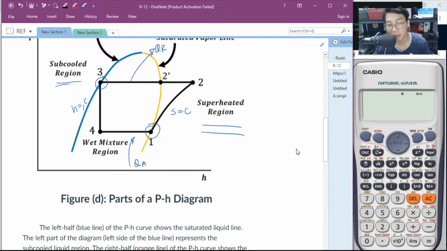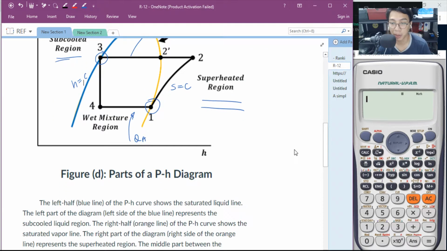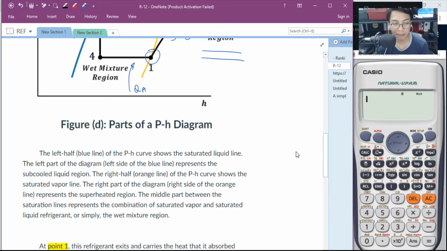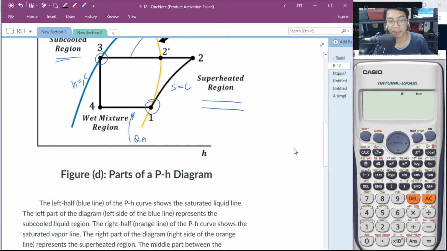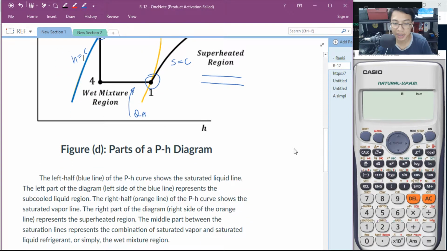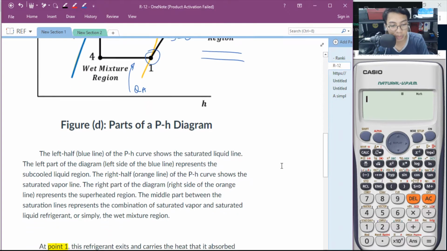Very basic lang yung kanyang pagpapaliwanag. Now, in depth. The left half blue line of the pH curve shows the saturated liquid line, as what I've said. The left part of the diagram represents the subcooled region, so further beyond. The right half is the saturated vapor line, and then further beyond, that is the superheated region.